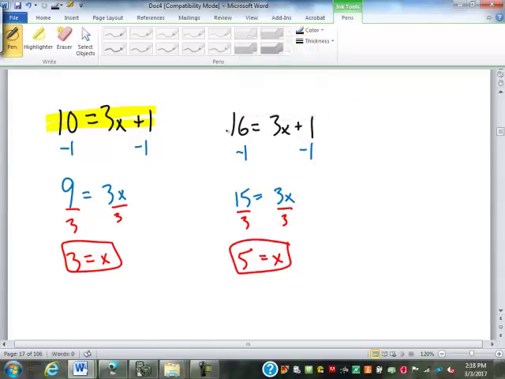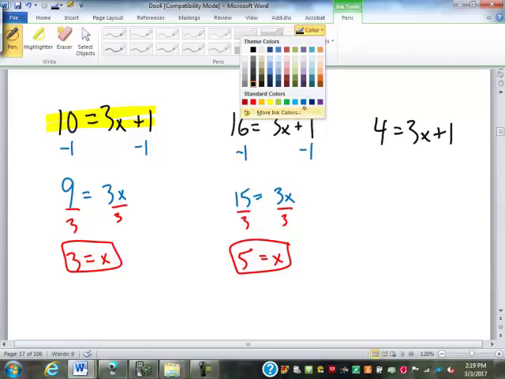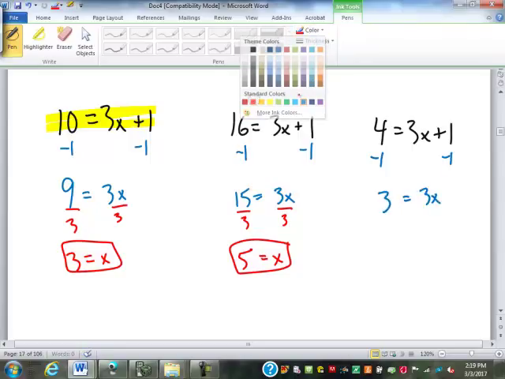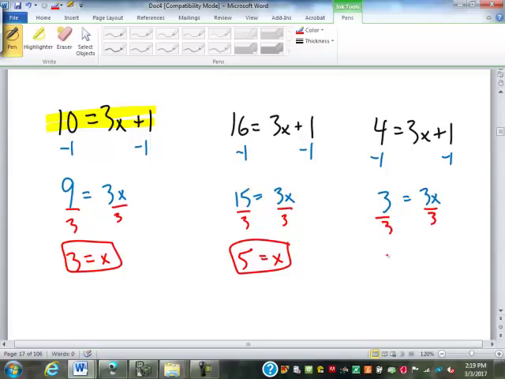In fact, I can write any number of equations that look like that. I'd have 3x plus 1 equals 4, or 4 equals 3x plus 1. Again, I'm going to solve it by subtracting 1, 3 equals 3x, and dividing by 3. I get 1 equals x.